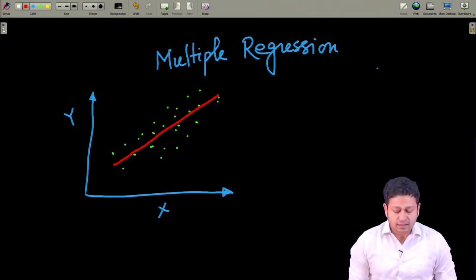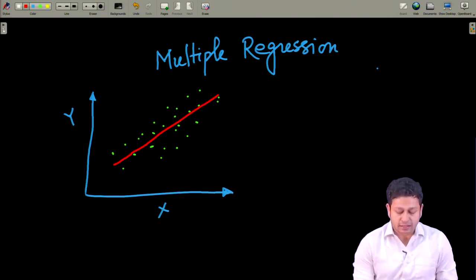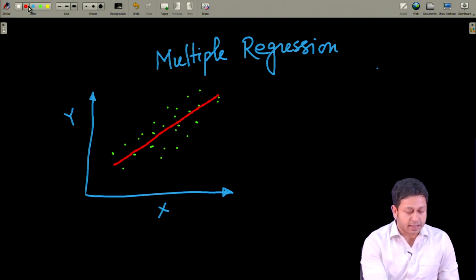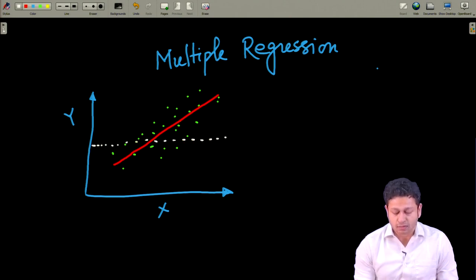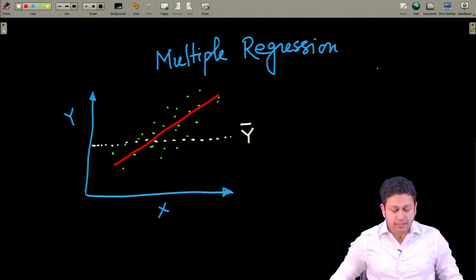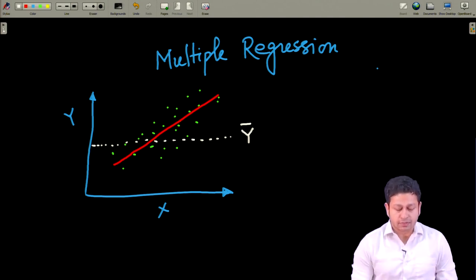Now, we explained that if I have a line here, say this is the mean value of all the y's, I get y bar. Then I need to divide the error terms into different components.